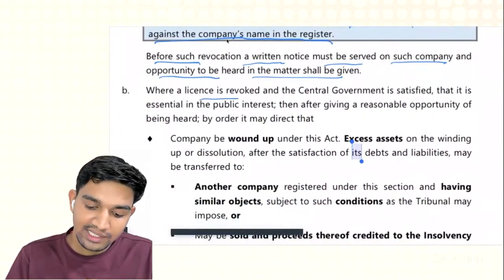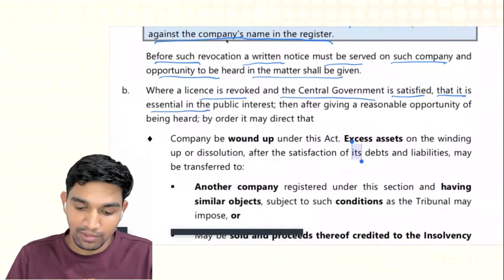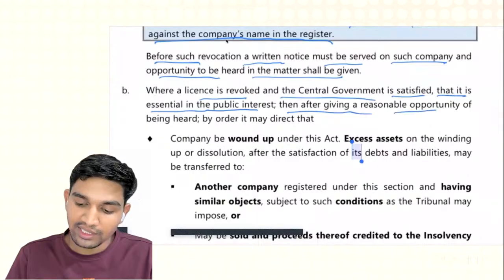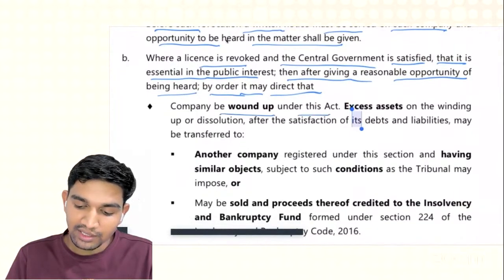Now, where a license is revoked and the central government is satisfied that it is essential in public interest, then after giving a reasonable opportunity of being heard, by order, it may direct that the company be wound up under this Act.